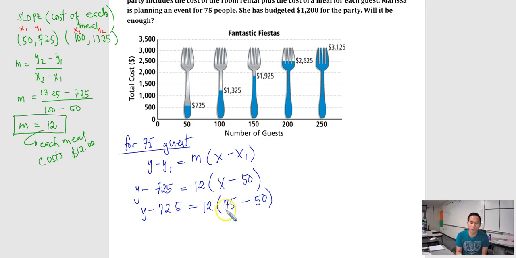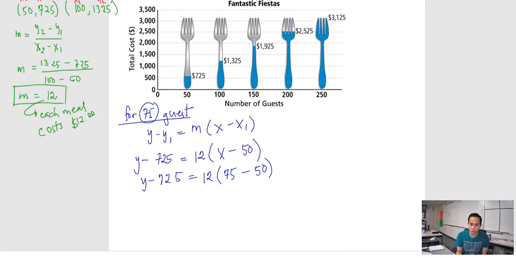We substitute 75 for x because this is for 75 guests. That 75 here is the number of guests. And we can now just solve this.